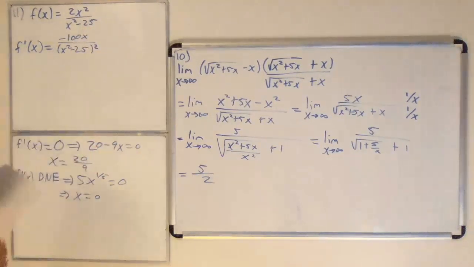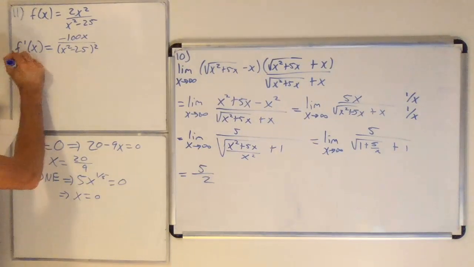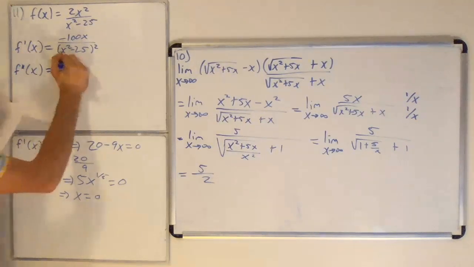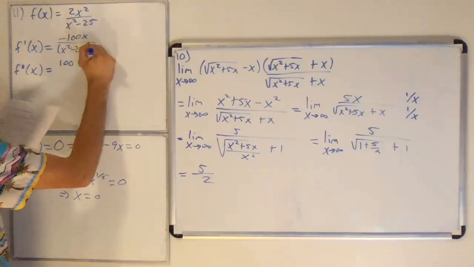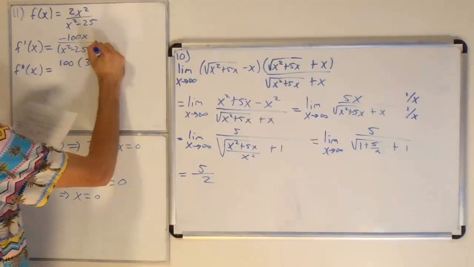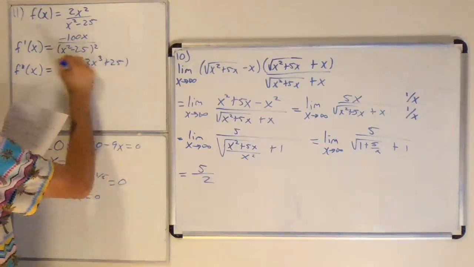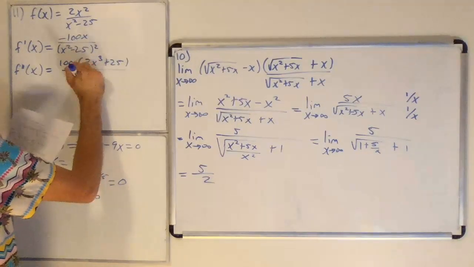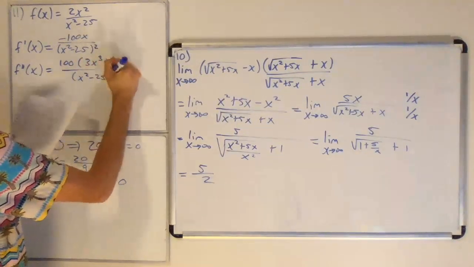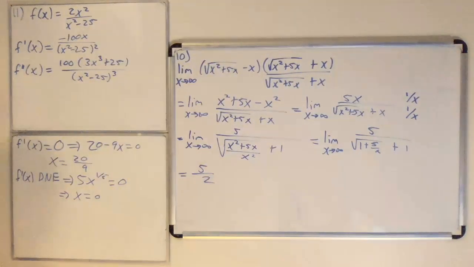Its derivative is minus 100x over x squared minus 25 squared. And the second derivative is 100 times 3x squared plus 25 over x squared minus 25 to the third. Okay, so we want to find the domain, the intercepts, symmetry, asymptotes, intervals of increase or decrease, local max, local min, concavity, points of inflection, and then we put it all together to sketch the graph.